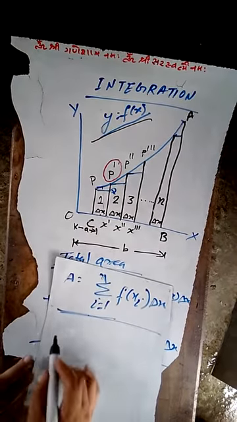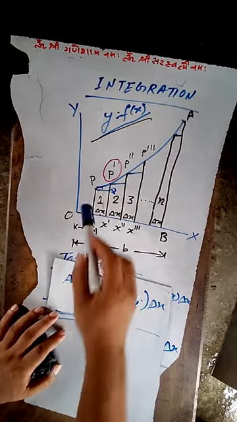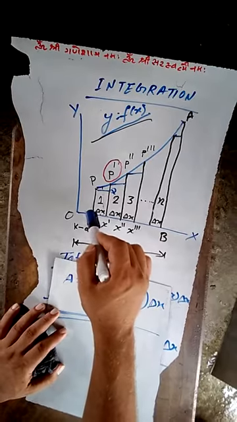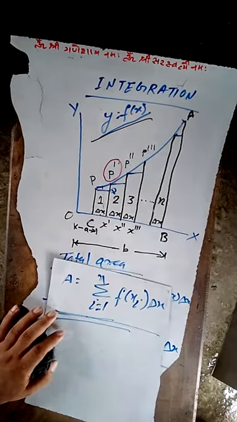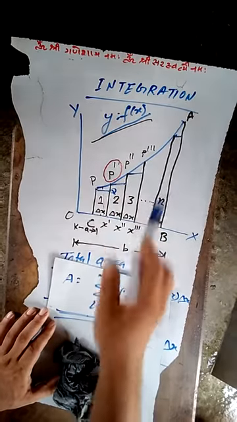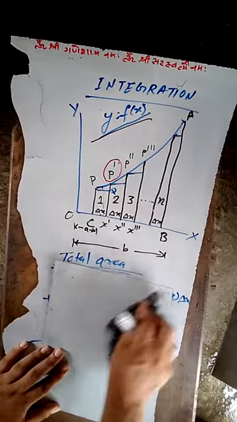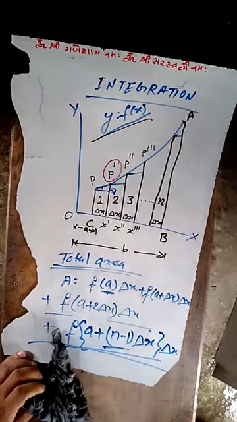But this area we are getting is not exactly the area under the curve, because in each term we have a small triangle missing. So it is actually less than the required area which we have to find.